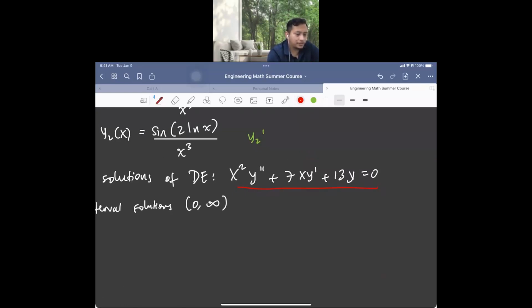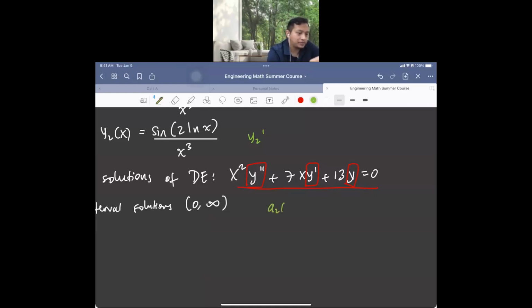So notice that from this differential equation, the coefficients. First we need to separate. Okay, so the y double prime, y prime and y are our variables that we need to observe. Okay, and the other part is the coefficient.